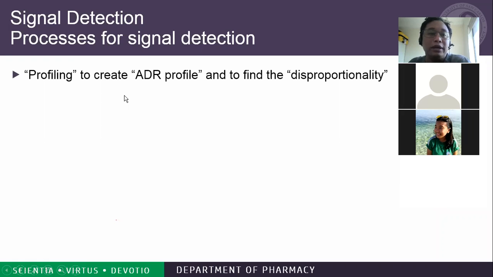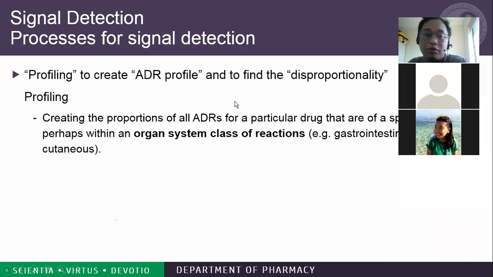And in signal detection, we have to do profiling to create the ADR profile or to find the disproportionality. Because we want to know whether this new adverse effect is a signal or not, we need to have a profile.